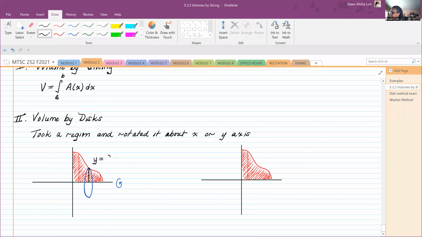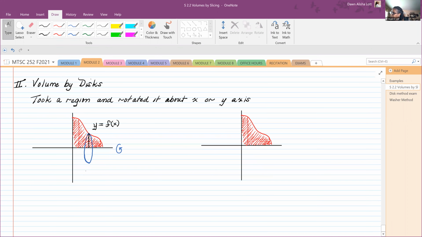We got to find what that radius is. When you find your radius, then you get the volume is the integral from wherever you start to end of pi times the radius squared dx.